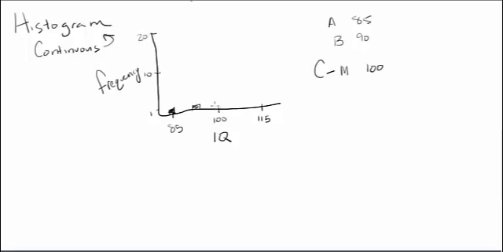Person C scores 100, so you add one tick there. Person D also scored 100, so you're going to add another there. Person E also scored 100, so you'll add them up there. Person F, guess what? They also scored 100, so you'll add a tick mark there, and so on and so forth.